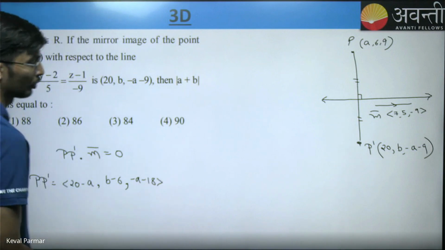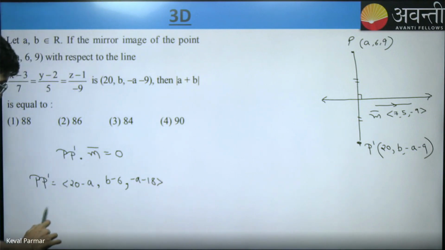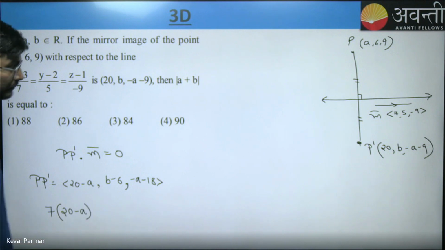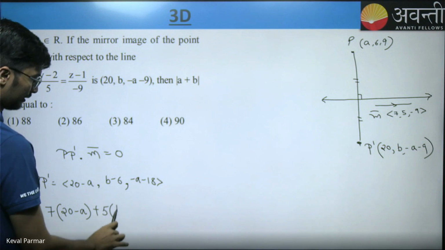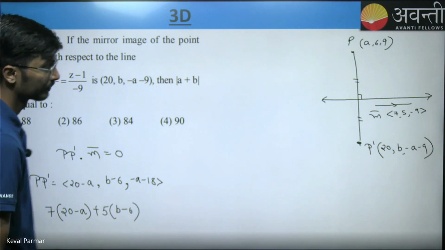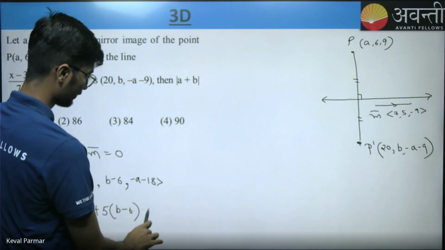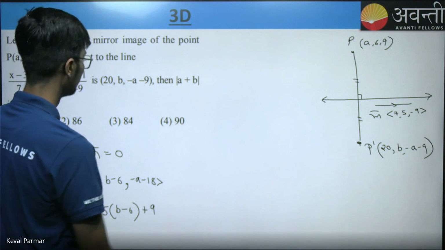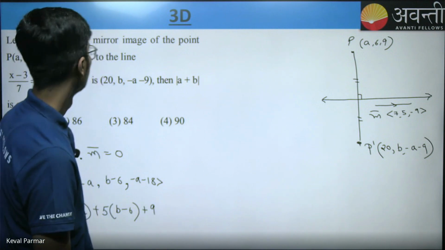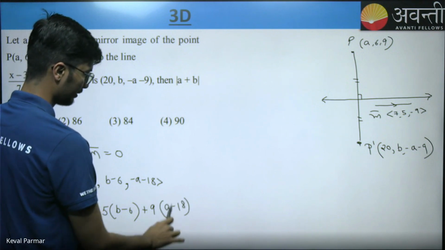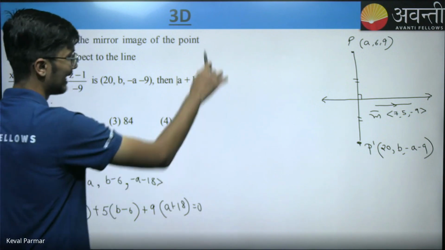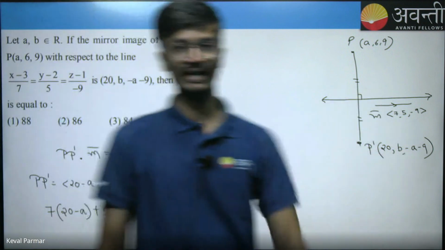Let us find the dot product. We'll get 7 into 20 minus A plus 5 into B minus 6 plus 9 into A minus A plus 8 equals 0. I cancel out the minus. Right, guys?